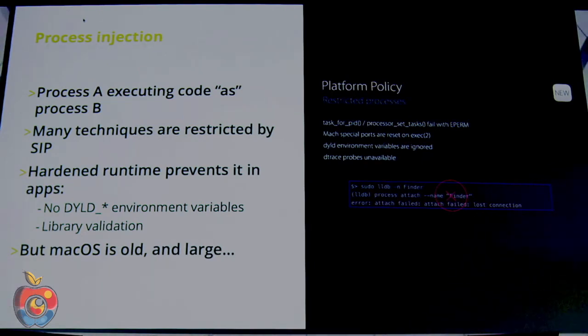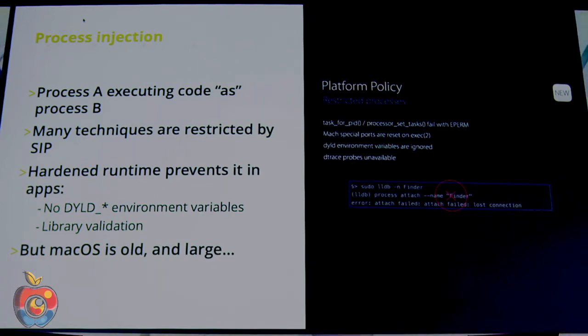Now, Apple has blocked a lot of these things already with SIP. So from the original presentation, there was already stuff like blocking task for PID and stuff like that, and dynamic linker environment variables. And also third-party applications can prevent a lot of those features in their applications if they enable it.